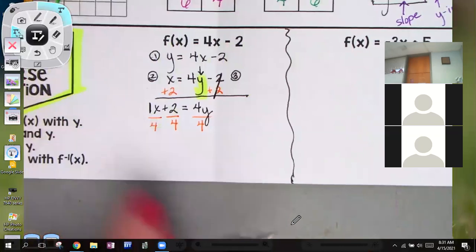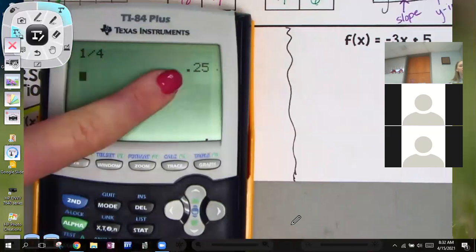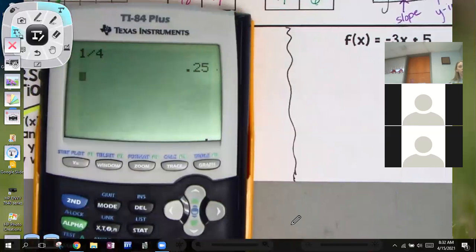Everyone in your calculator, 1 divided by 4, enter. We never want a decimal when we're writing equations. So how do I take that decimal and change it to a fraction? That would change it to a percentage. It would be 1/4, but how did you get that? How can our calculator tell us that?